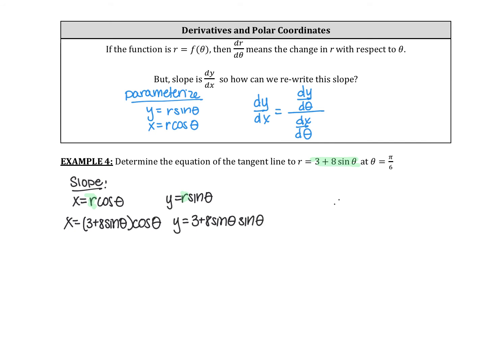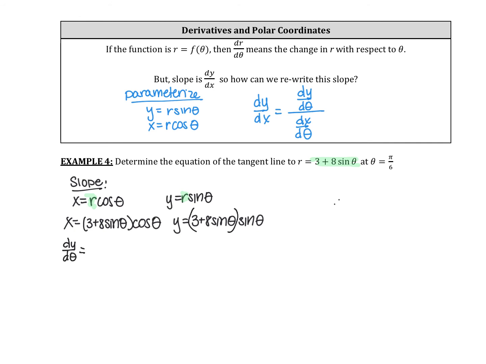Now, we set up above that to find the slope, I'm going to do the derivative of y with respect to theta. And the derivative of y with respect to theta is going to be, I should have had parentheses around that, either we need to distribute that sine of theta through, or we just need to use product rule the way it's written. I think I'm going to use product rule the way it's written. So I'm going to find dy d theta.